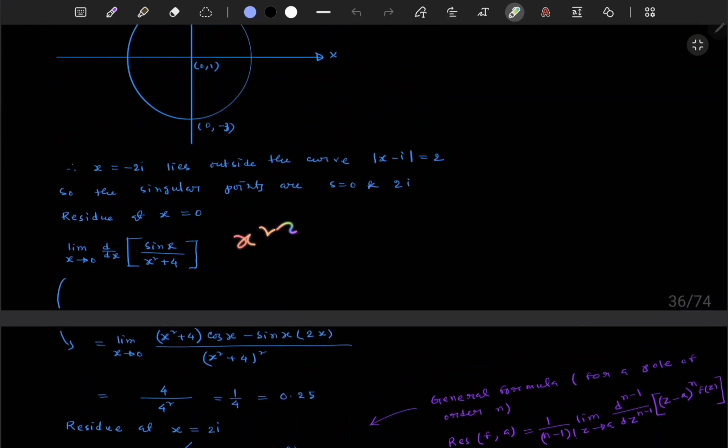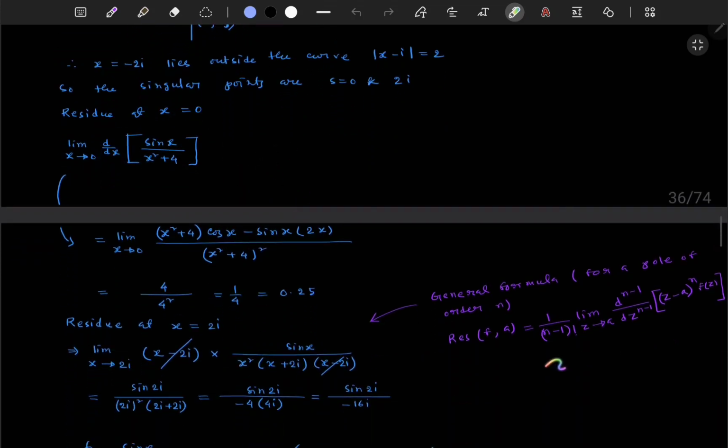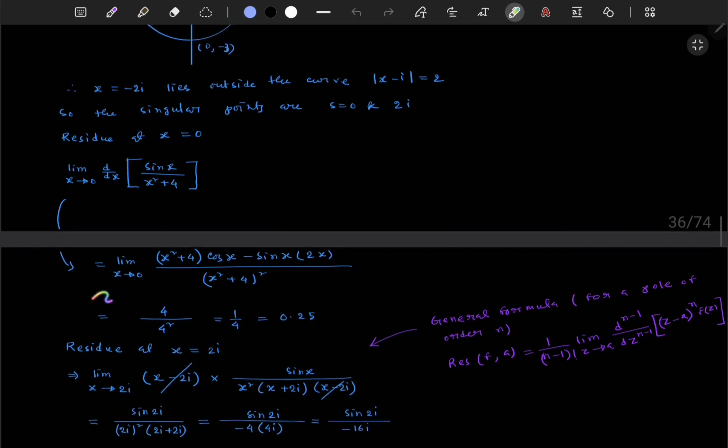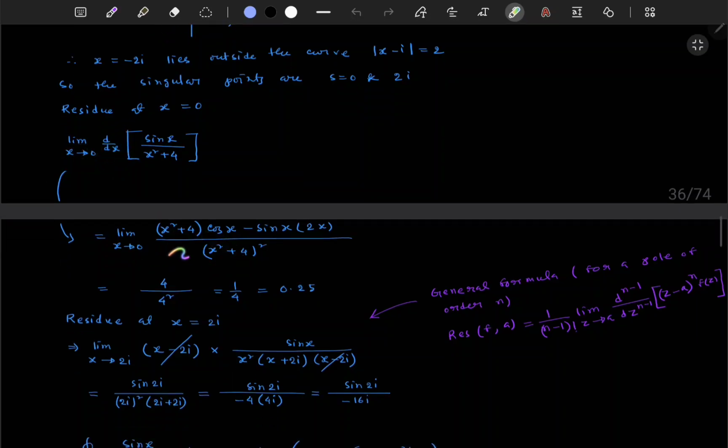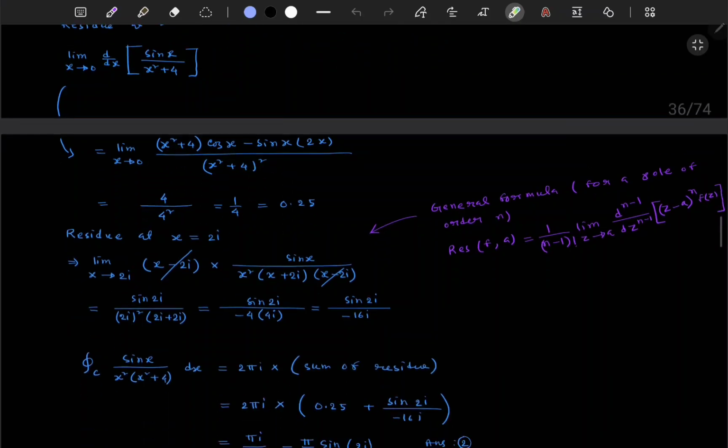The x squared and the x squared below will be eliminated, so only this term will be there. You can apply the formula and you will get this. Now the limit: x tends to 0, the pole where it exists. Now if you do the derivative, it will be like this. I think you know this.